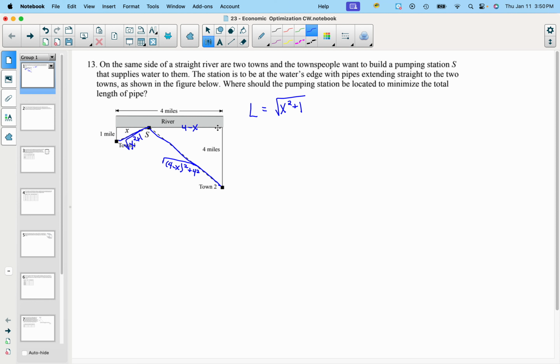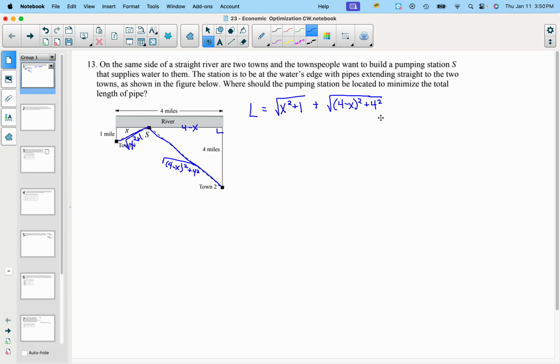Again, using the Pythagorean theorem right here, so we have the square root of 4 minus x quantity squared plus 4 squared.